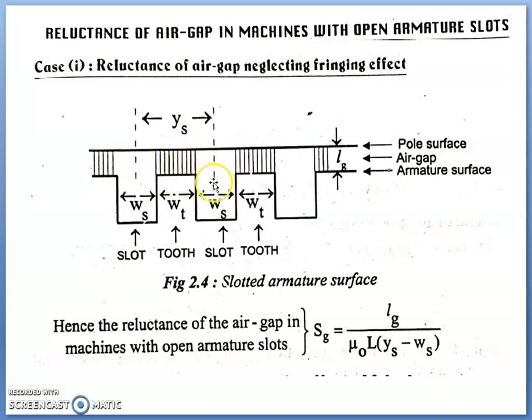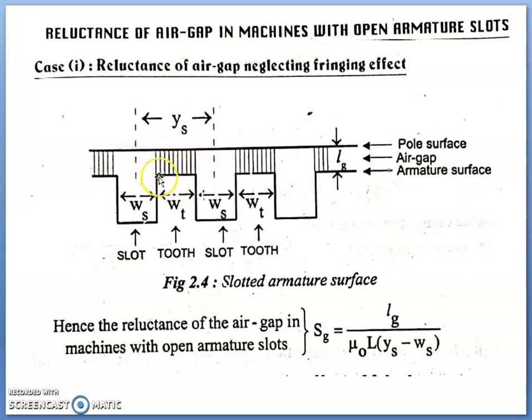The flux will take its path only through the iron of the machine. Whatever flux is available in the pole will cross the air gap and then enter the tooth portion of the armature, not the slot portion. So now this is the area in which the air gap flux is available. Finally, our objective is to calculate the reluctance of the magnetic path, the magnetic circuit, in a particular machine.